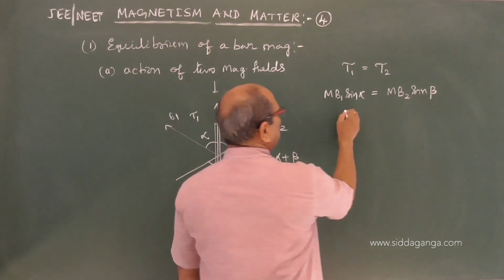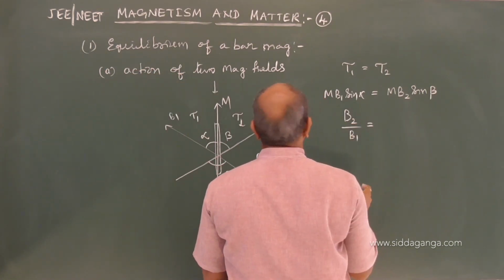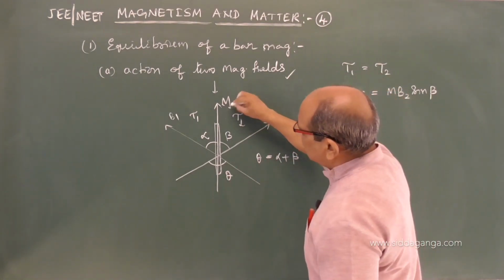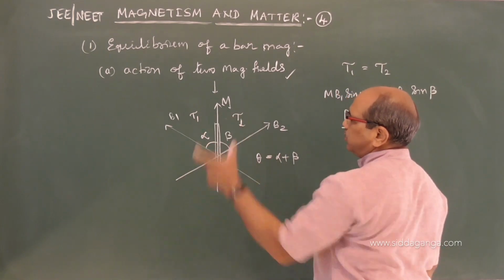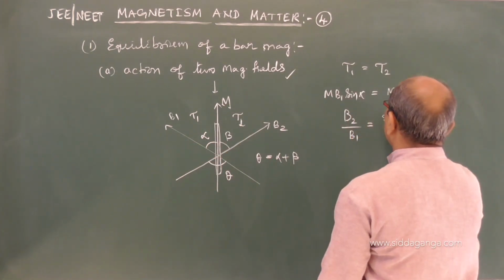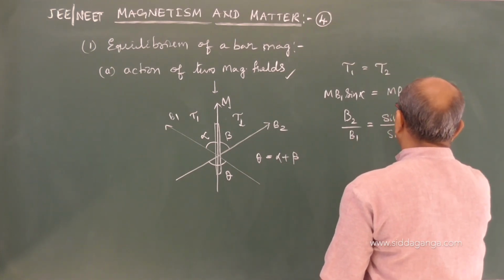If I take B2 by B1, the ratio of the fields to keep the magnetic bar at equilibrium position under the action of the two, B2 by B1, must be sine alpha by sine beta.